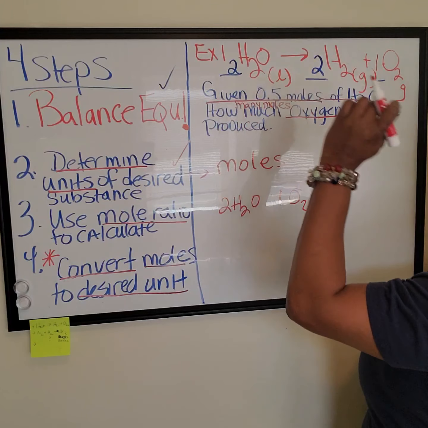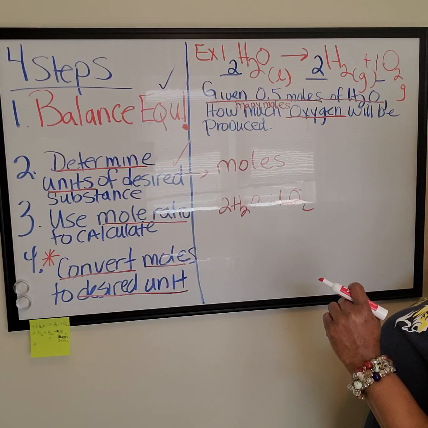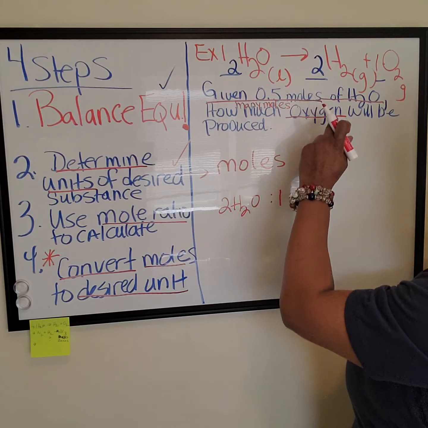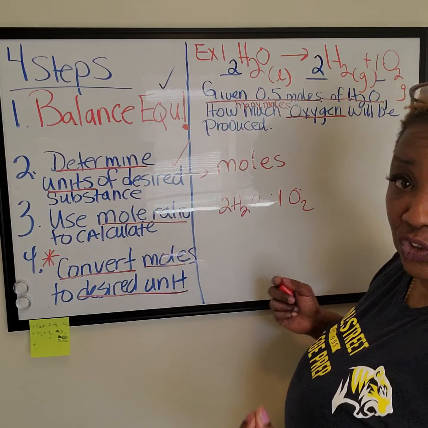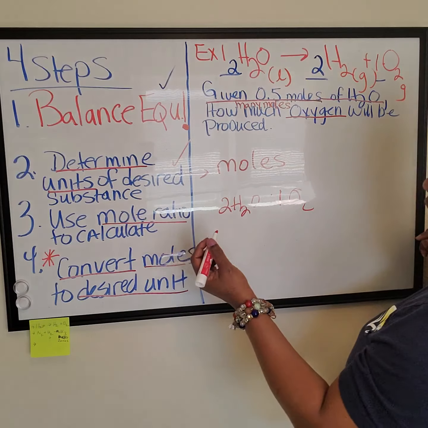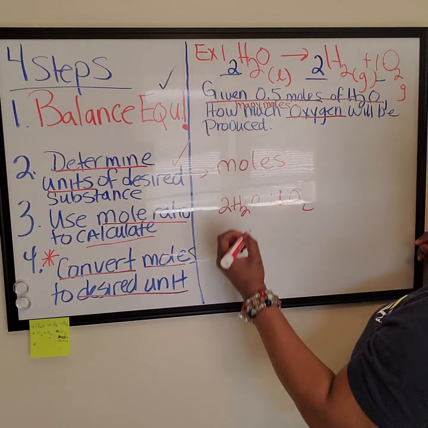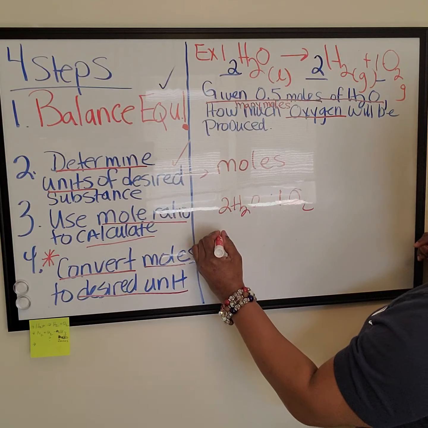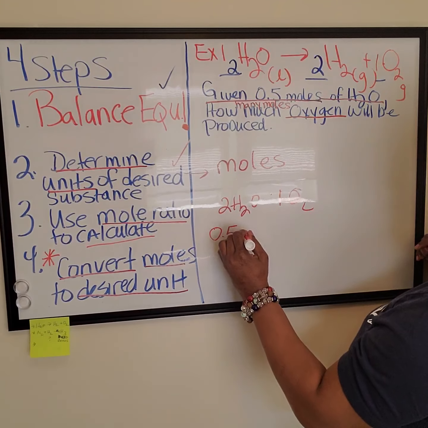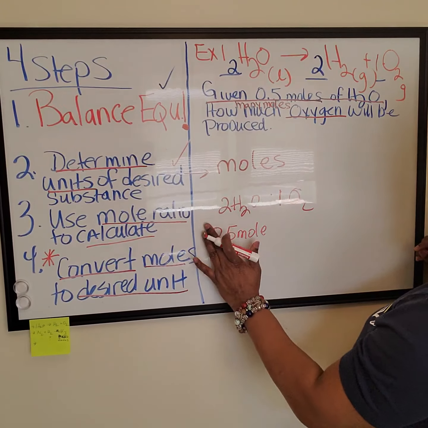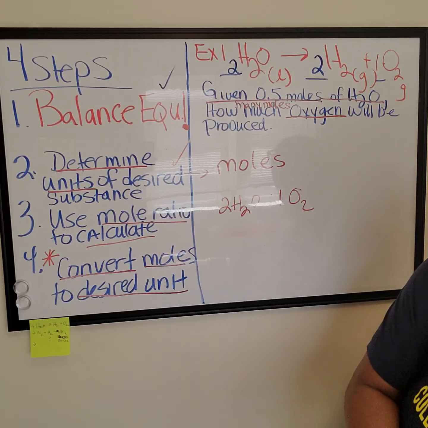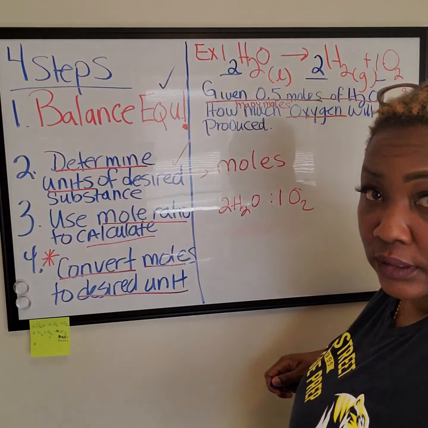So let's start with what we have here, okay? We are given, so now we need to calculate using dimensional analysis, right? So let's go for it, because here we are at the calculation phase. So the way we start out is what we have. We have 0.5 moles. I'm gonna write this in blue so you can see it.